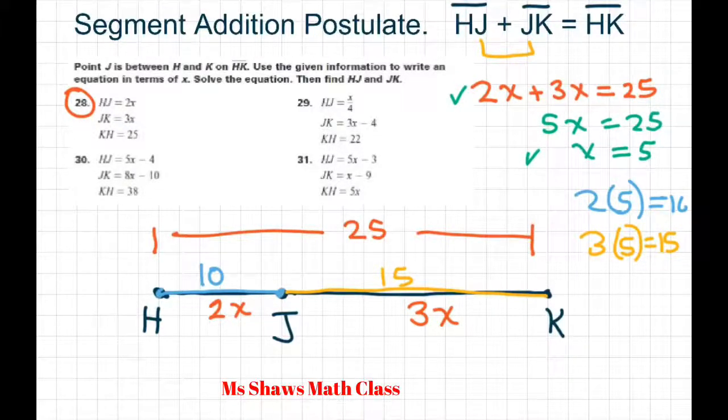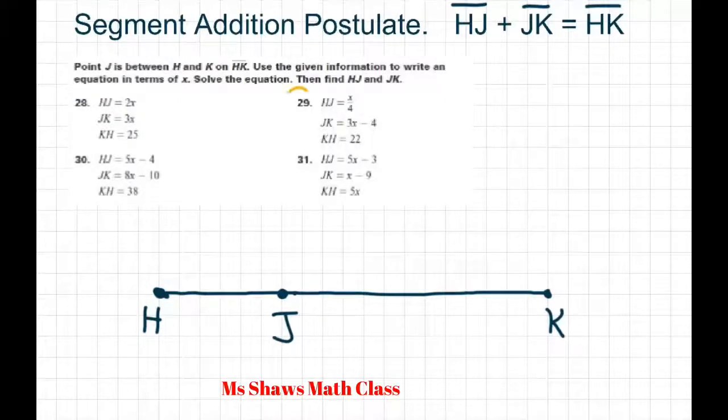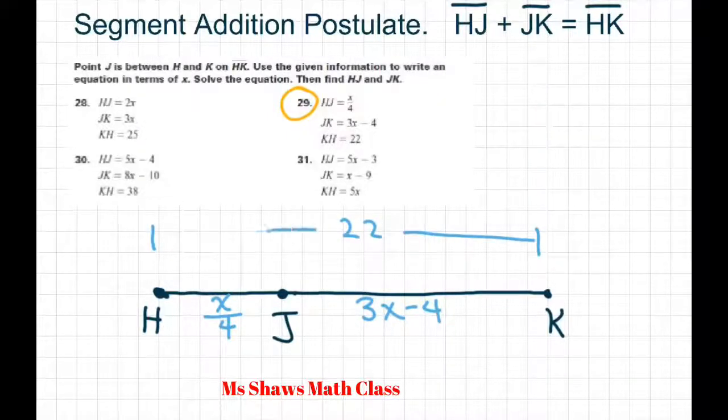All right, let's do 29. For 29, we're going to fill this out. We have HJ is x divided by 4, JK is 3x minus 4, and HK is 22. Now let's use substitution.